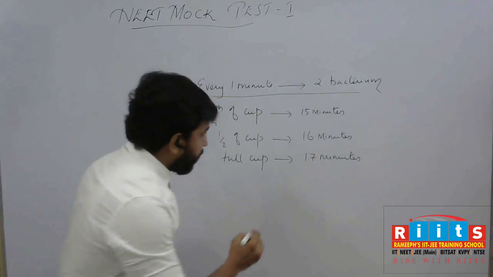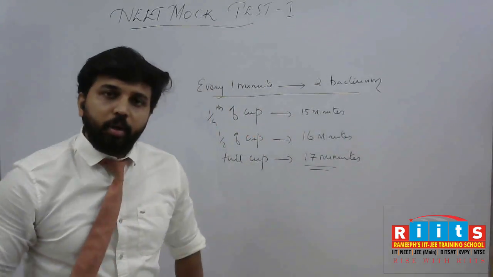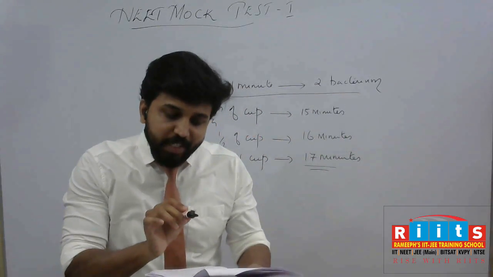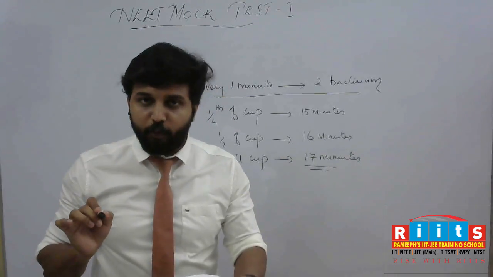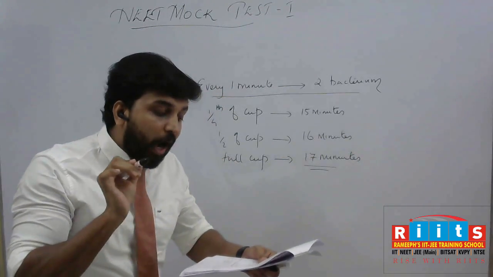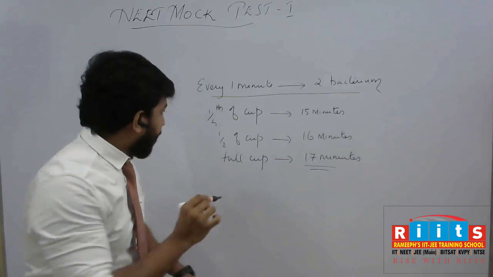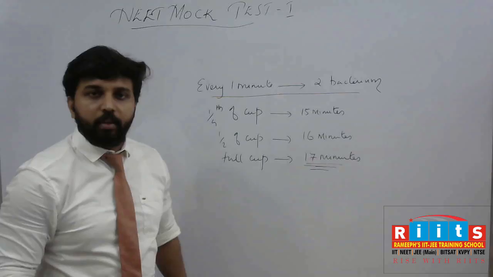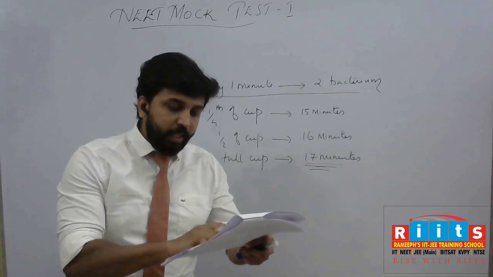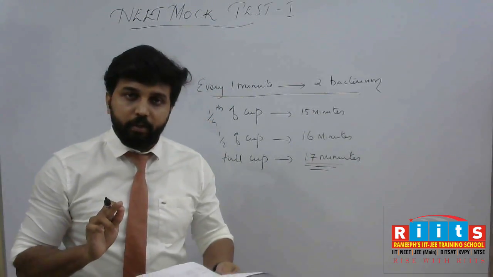It's a simple logic. Our question is how much time it will take to fill the cup. So the answer is very simple, 17 minutes. Clear? So here the option is D, 17 minutes.